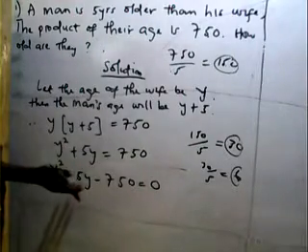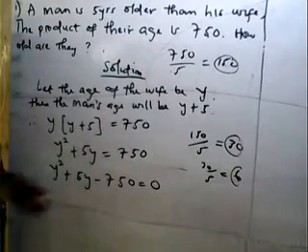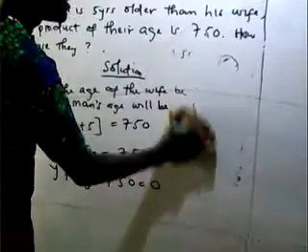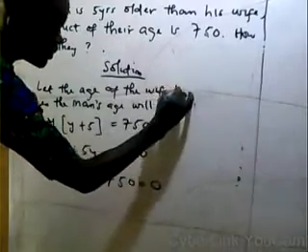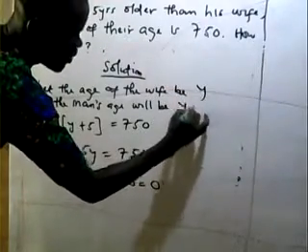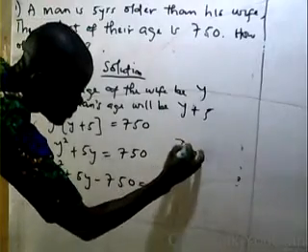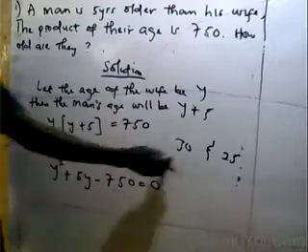From there you can see that 30 and minus 25 will give you 5. So the two factors we need are 30 and 25.